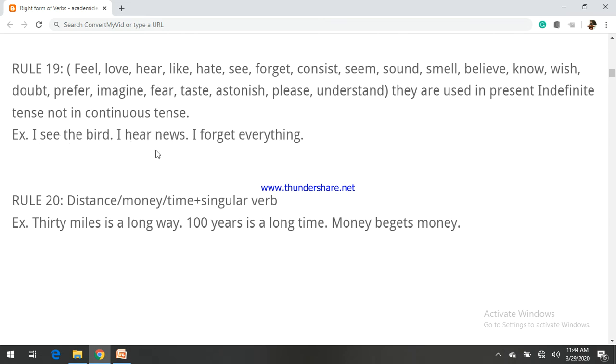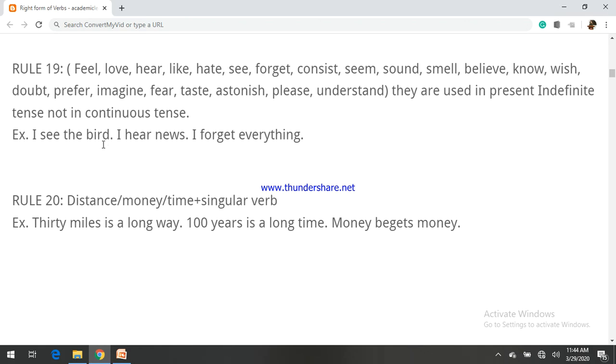I heard the news. I forget everything. You cannot use I am seeing or I am hearing. According to the grammatical rules, they sit in present indefinite form, or they follow the rules of present indefinite.